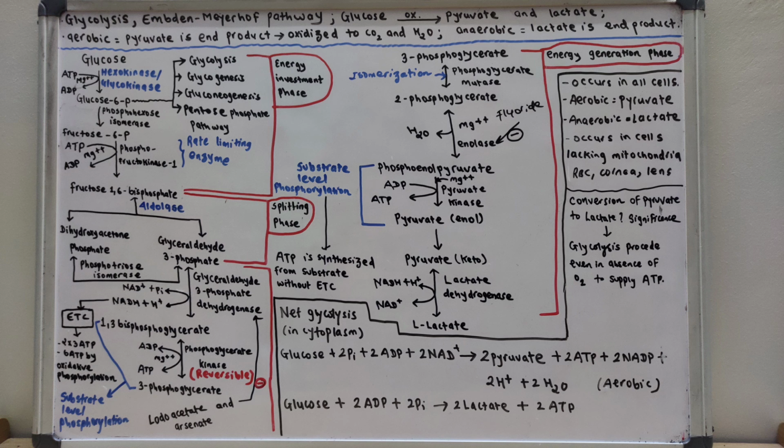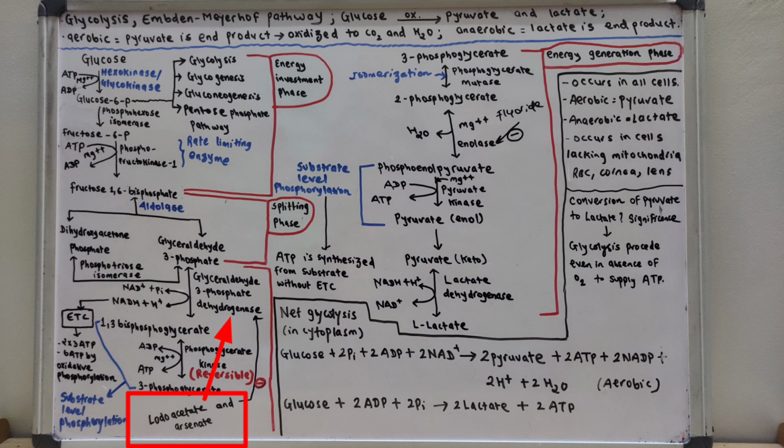Now let us move towards another phase, that is energy generation phase. In the energy generation phase, what happens? The glyceraldehyde 3-phosphate dehydrogenase converts the glyceraldehyde 3-phosphate to 1,3 bisphosphoglycerate. This is an important step. It is involved in the formation of NADH plus H plus and a high energy compound 1,3 bisphosphoglycerate is produced.